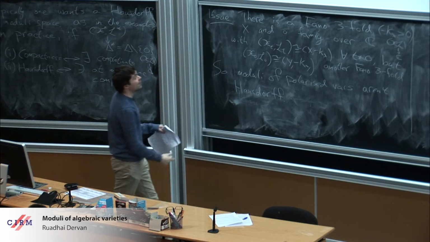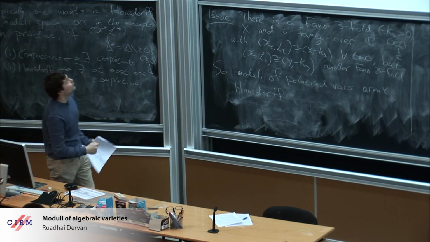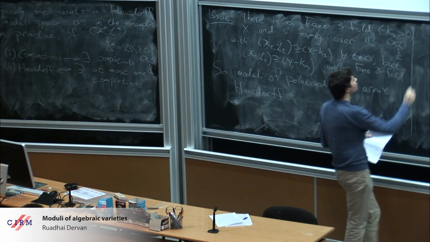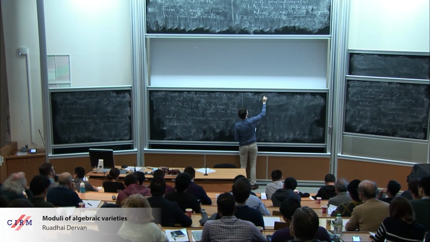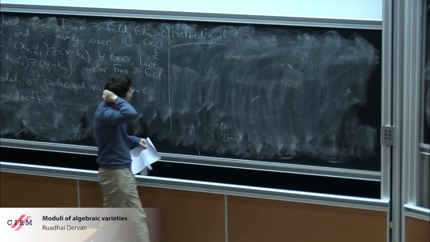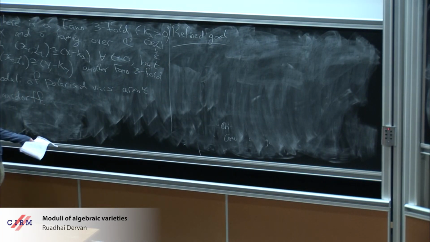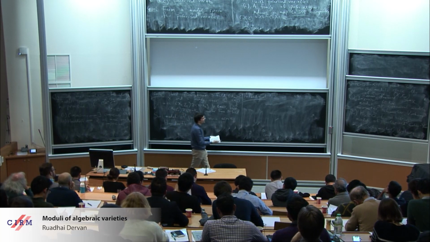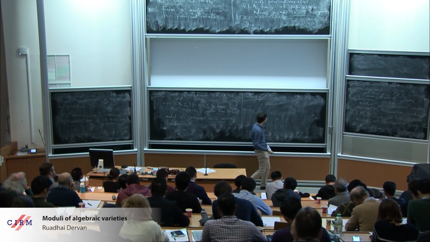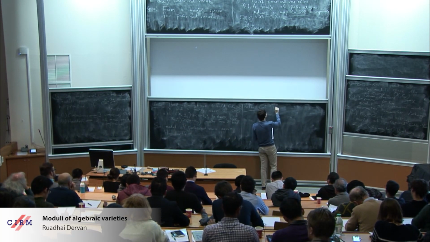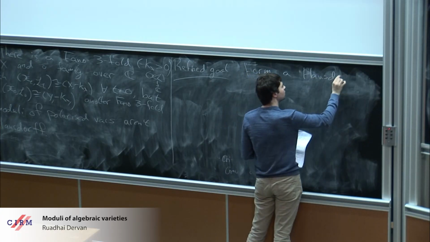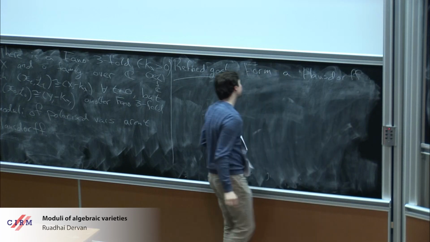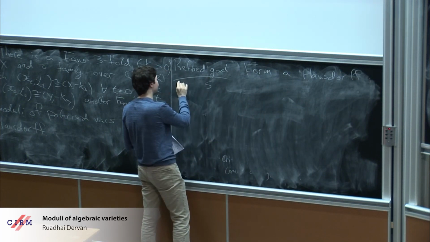So I'm going to modify my goal that I wrote way up there to the following refined goal. The refined goal is to form a Hausdorff moduli space of some well-behaved class of polarized varieties.